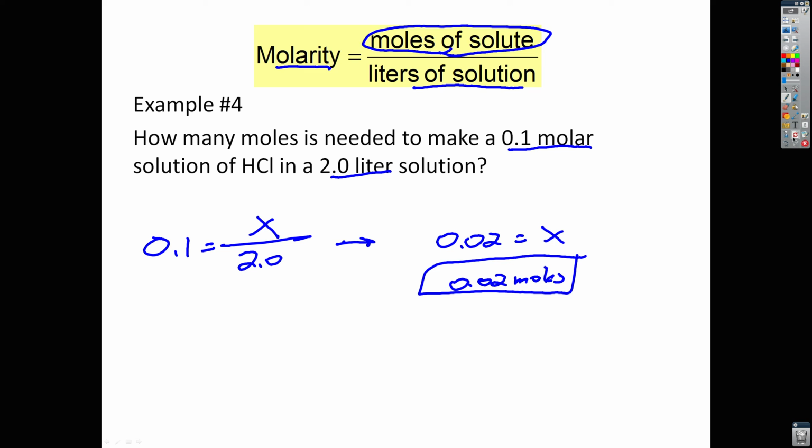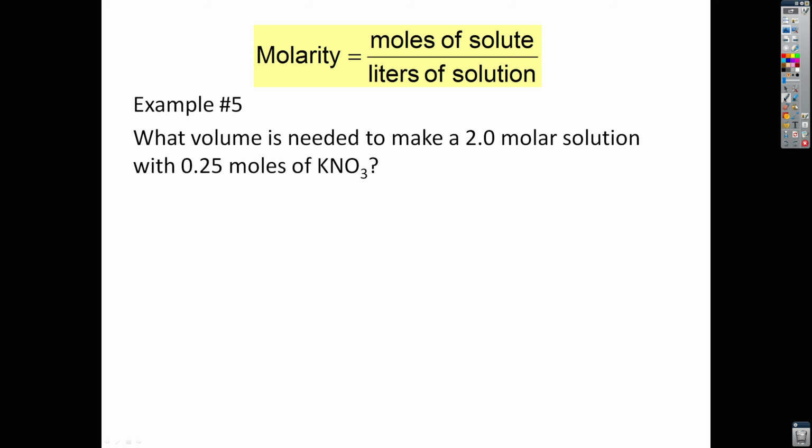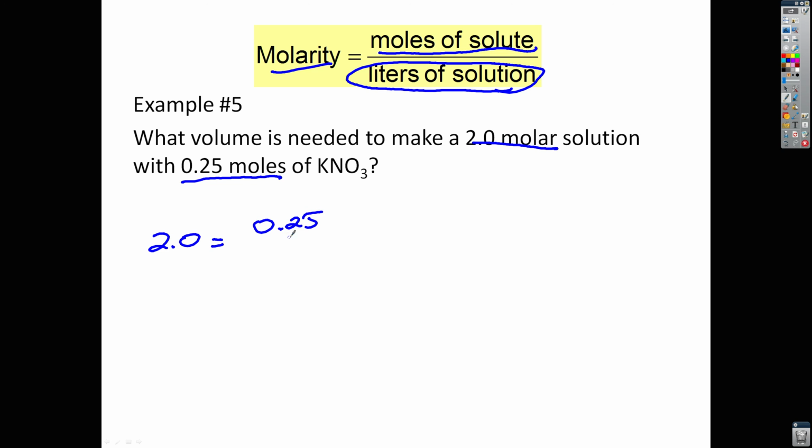Okay, last example. What volume is needed to make a 2 molar solution with 0.25 moles? So we're given moles, and a 2 molar solution, so that's my molarity. They want to know what the volume is in liters of solution. So I'm going to plug it into my formula: 2.0 equals, I have my moles, which is 0.25, and this time my x is on the bottom of the fraction, and we need to solve for x.